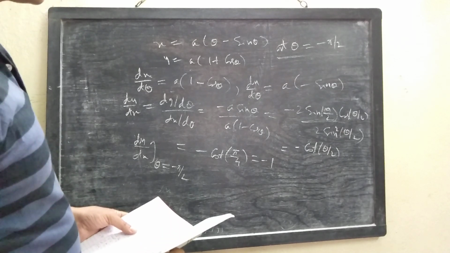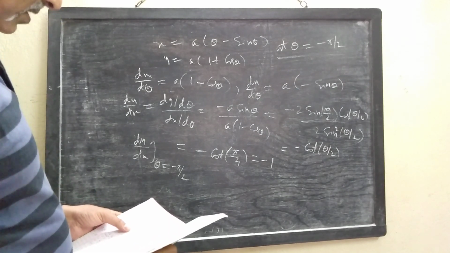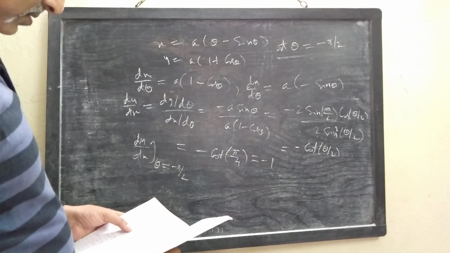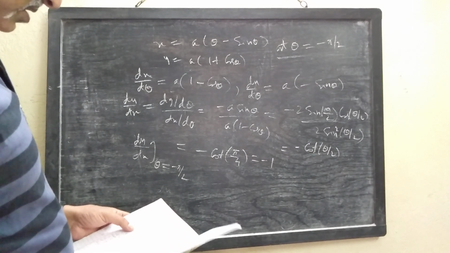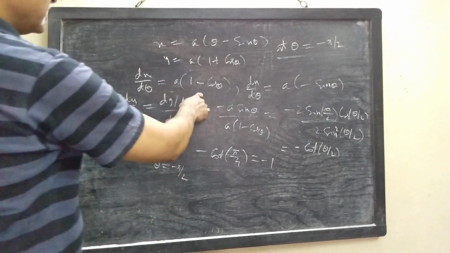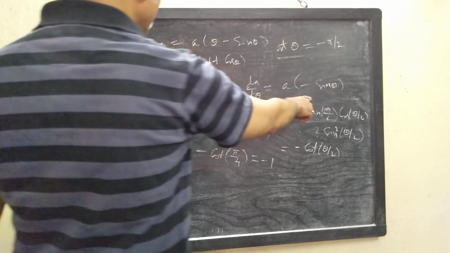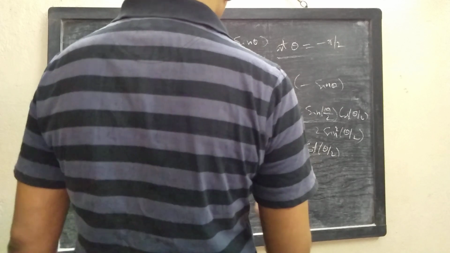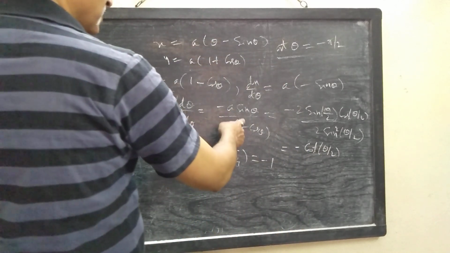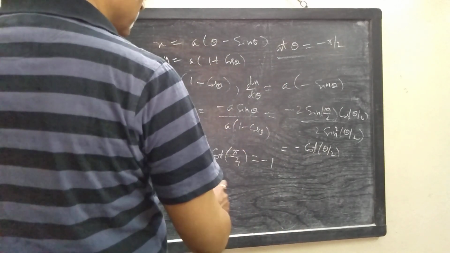x is a into theta minus sin theta, y is a into 1 plus cos theta, theta is minus pi by 2. Here dx/d theta is 1 minus cos theta, okay, dy/d theta is a into minus sin theta, so dy/dx is minus sin theta by a into 1 minus cos theta.